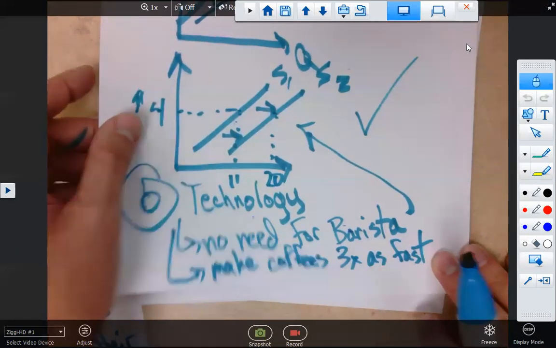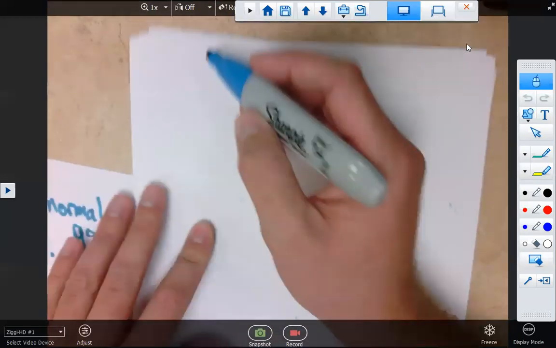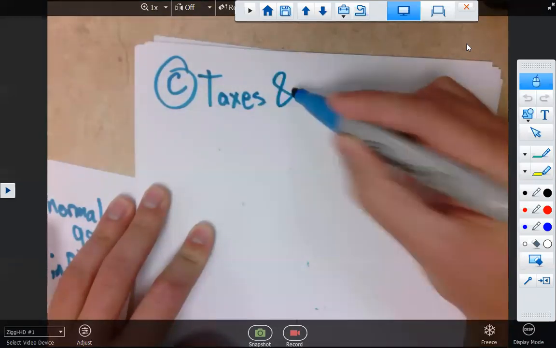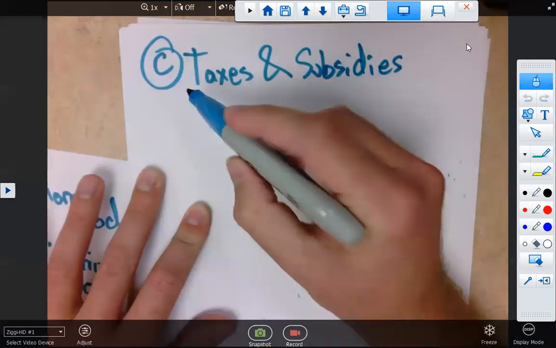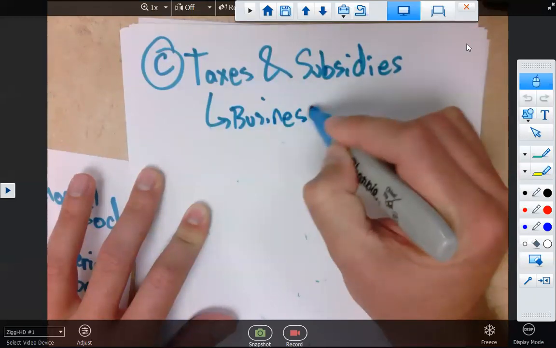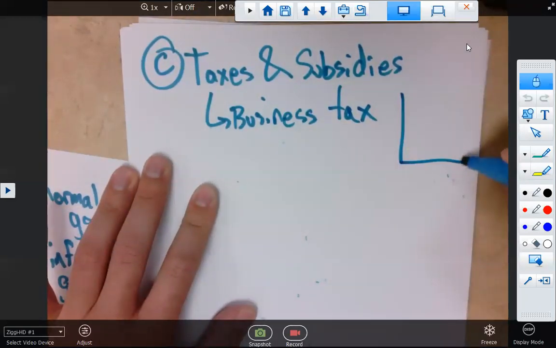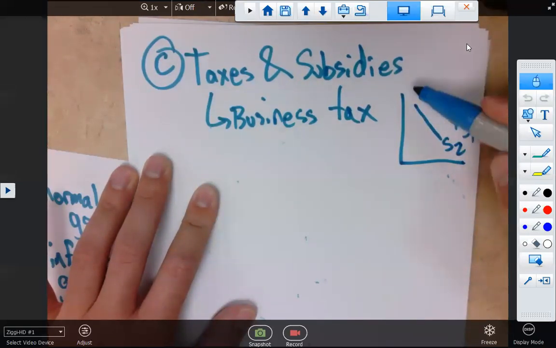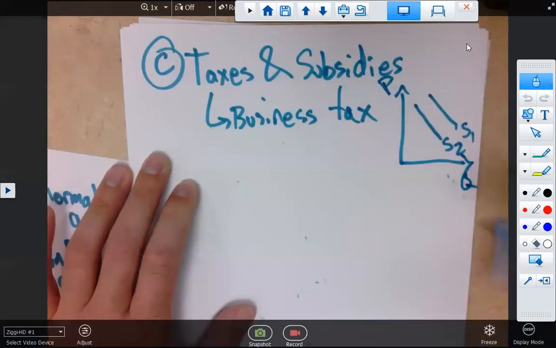So the next one that we have is good old Uncle Sam. So taxes and subsidies, right? So a business tax will shift the supply to the left, because it becomes more expensive to provide that good to the person.